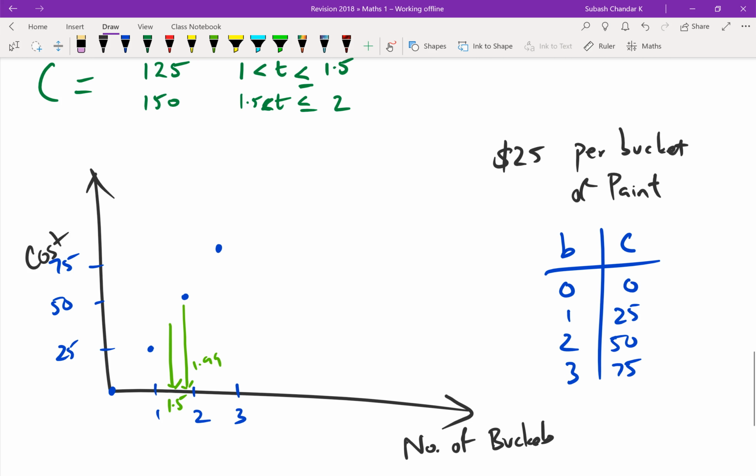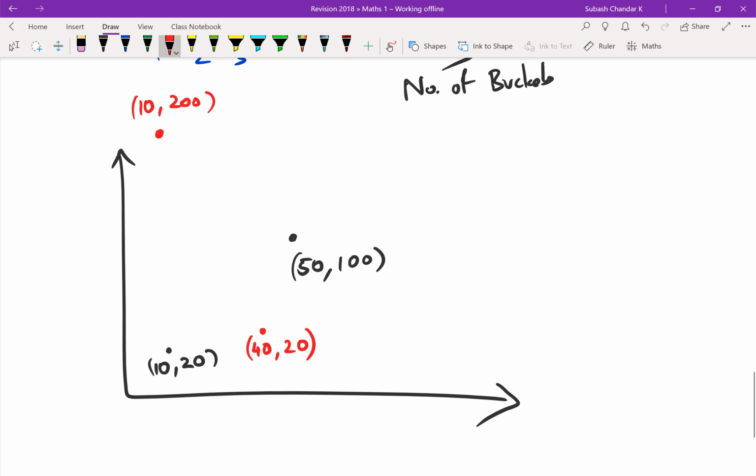All right. Last but not least. I'm going to give you guys this question here. What I've got is a straight line right here. I want you to come up with the equation of that straight line first. So that's the black one. Then I would like you to come up with the equation of the red line.